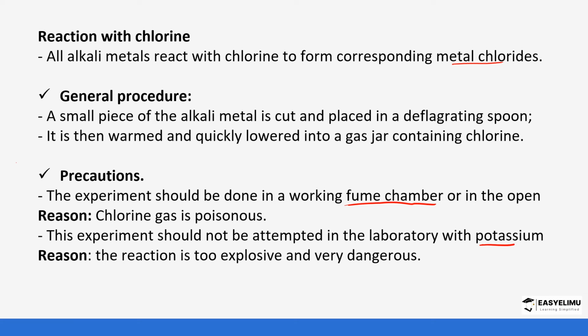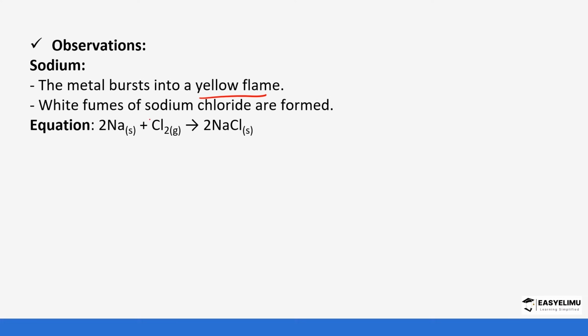We say that potassium is one of the most reactive metals among the elements. So when you look at the other metals, that is sodium and lithium, sodium usually bursts into a yellow flame when it reacts with chlorine, and sodium chloride is formed. So this is the equation.